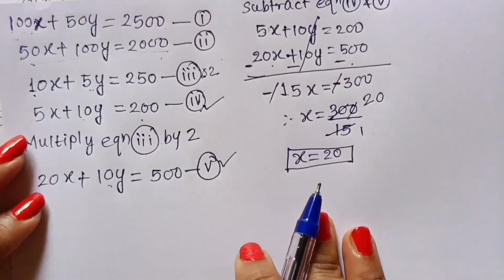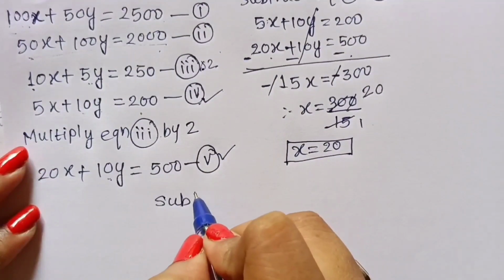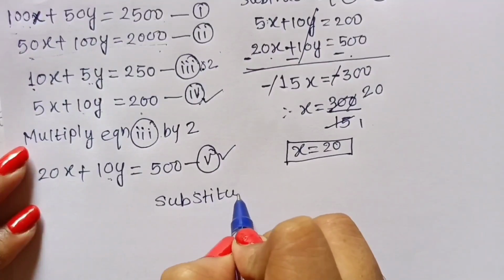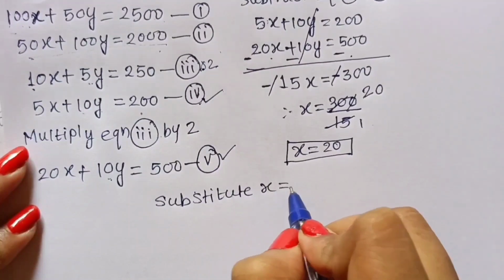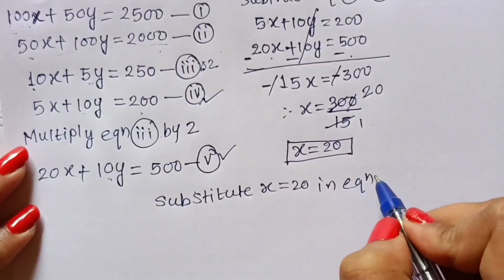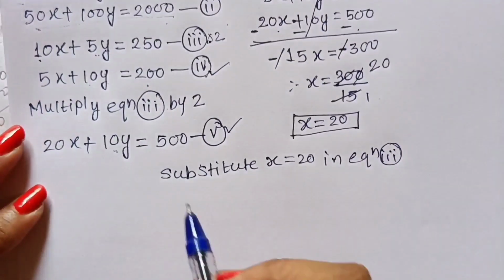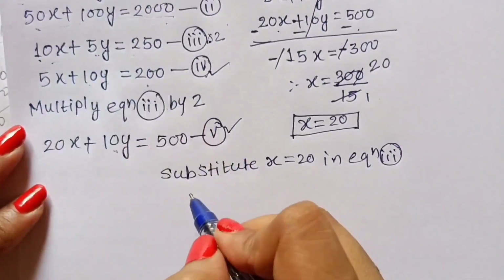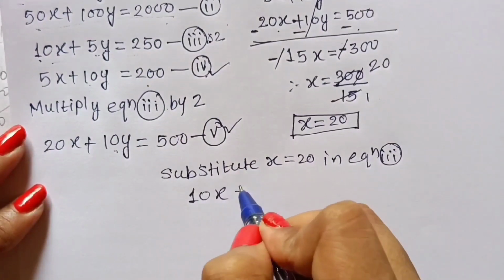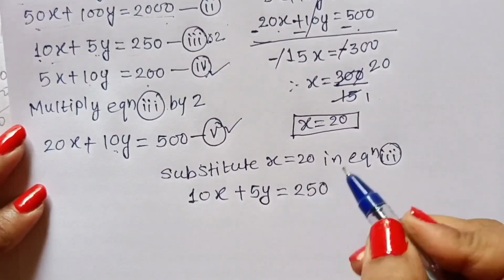So let us substitute. I will write here, substitute x is equal to 20 in equation 3. So I will have to write equation 3 again. This is 10x plus 5y is equal to 250.